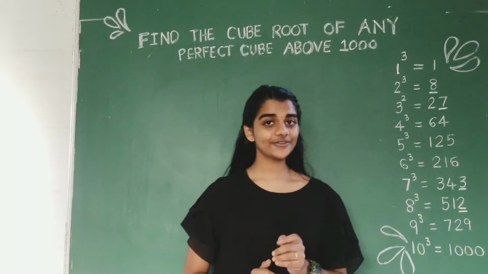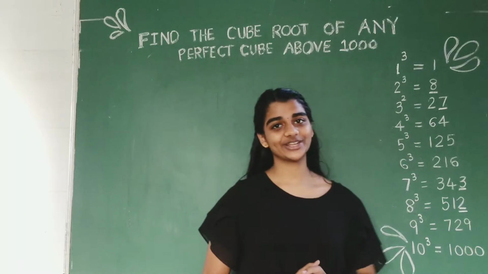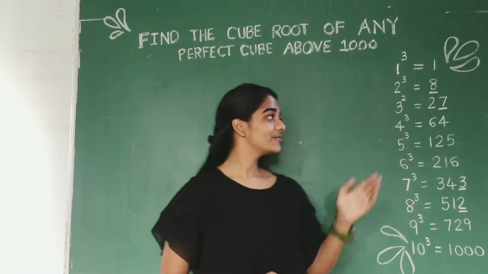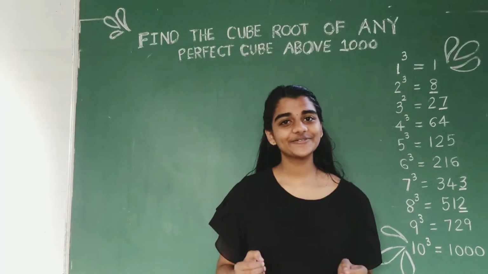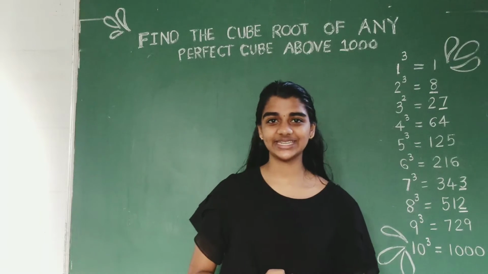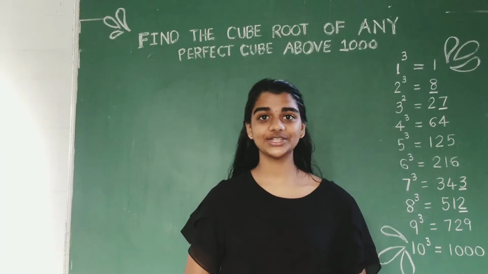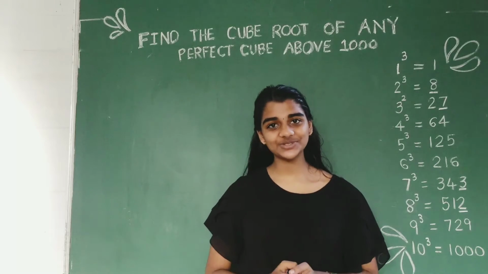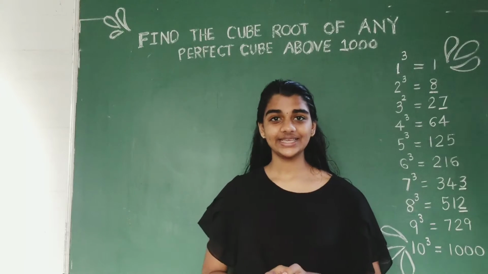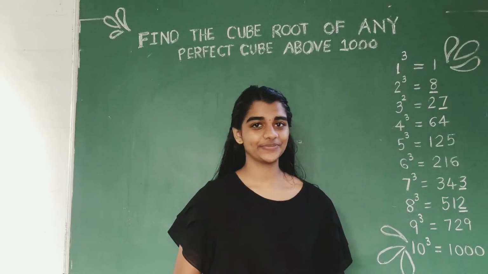First, the cubes from 1 to 10. 1 cube is 1, 2 cube is 8, 3 cube is 27, 4 cube is 64, 5 cube is 125, 6 cube is 216, 7 cube is 343, 8 cube is 512, 9 cube is 729 and 10 cube is 1000.